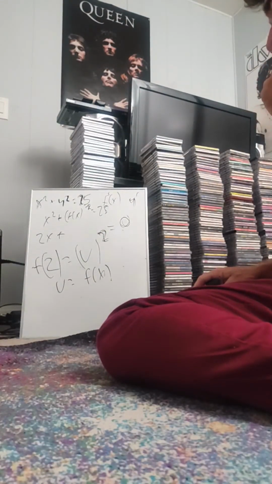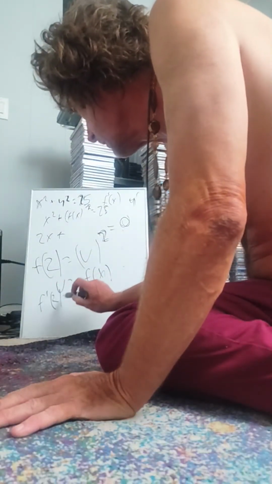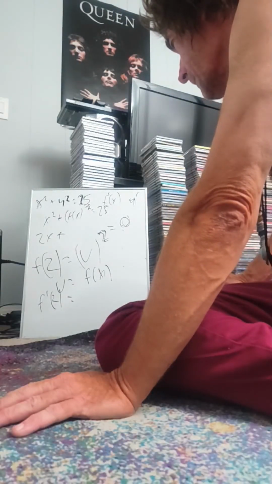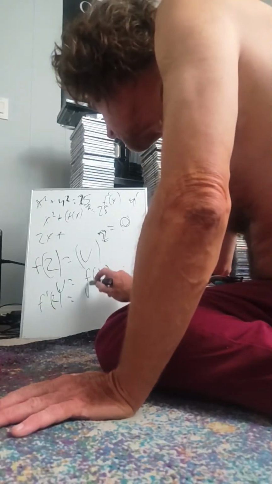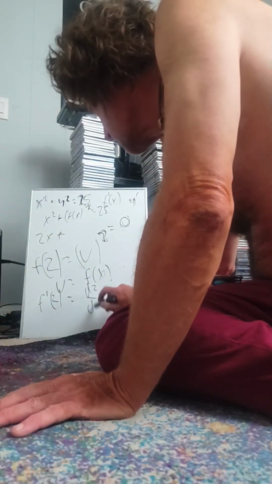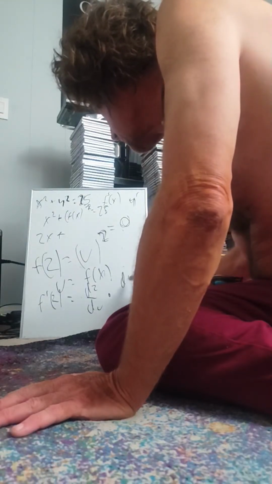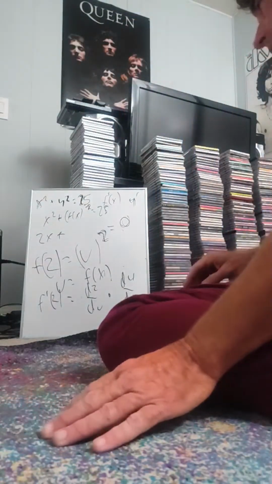The chain rule says that f prime of z equals dz du times du dx. Works for me.